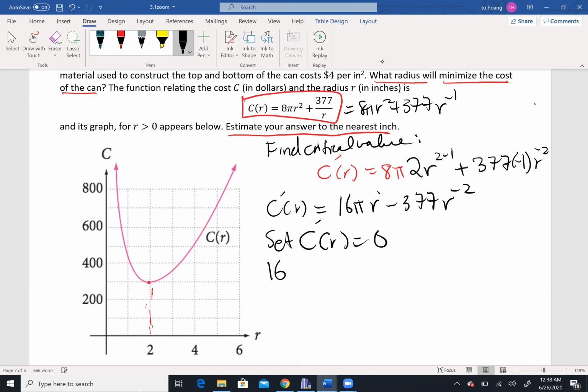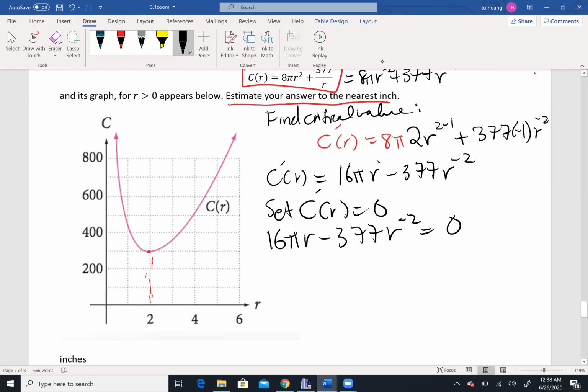I have 16 pi r minus 377 r to the power negative 2 equals 0. Now I'm gonna rewrite it as 16 pi r minus 377 over r squared equals 0.